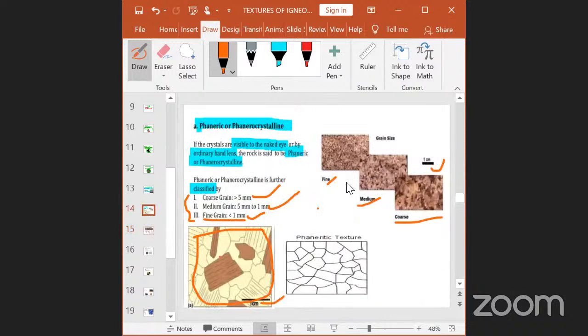So these are the phaneritic texture types: coarse, medium, fine grain. Coarse is greater than 5 mm, medium is 5 to 1 mm, and fine is less than 1 mm, right?